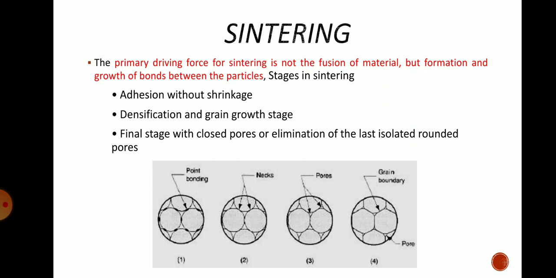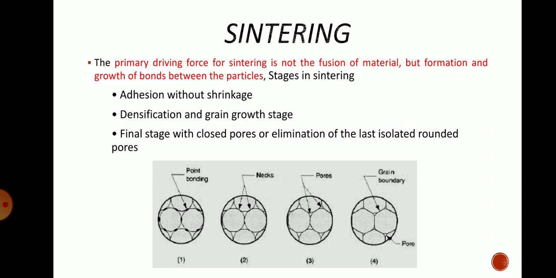So for removing these pores, you can again apply a small amount of pressure and heat if you require a dense component. If you require a small amount of pores, then you can reduce the amount of pressure and temperature during sintering. So the adhesion without shrinkage, densification and grain growth stage, and the final stage with closed pores or elimination of the last isolated rounded pores, these are the steps in the sintering process.